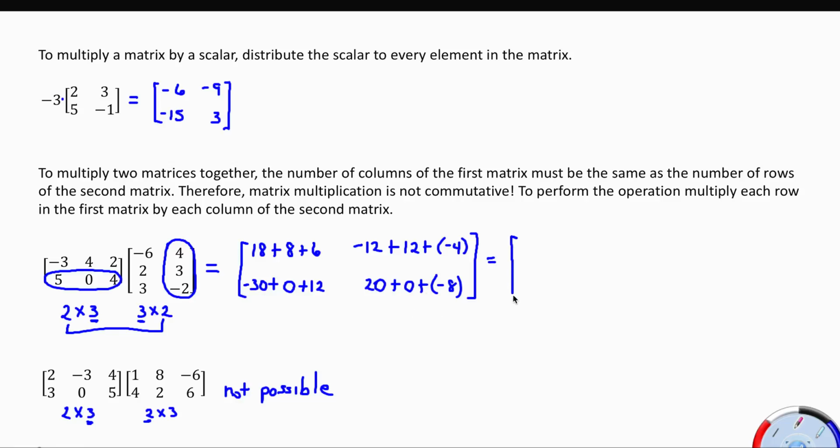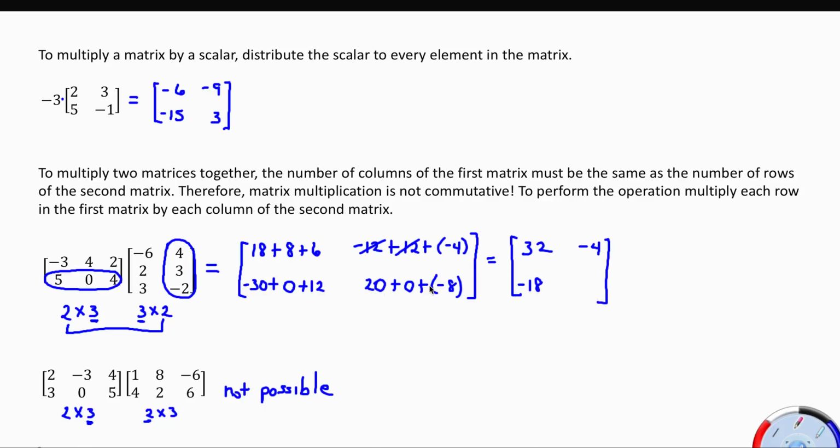Which gives me 18 plus 8 is 26, plus 6 is 32. Well, negative 12 plus 12 plus negative 4 is negative 4. Negative 30 plus 12 is negative 18.